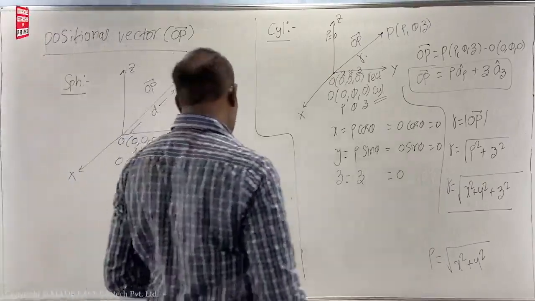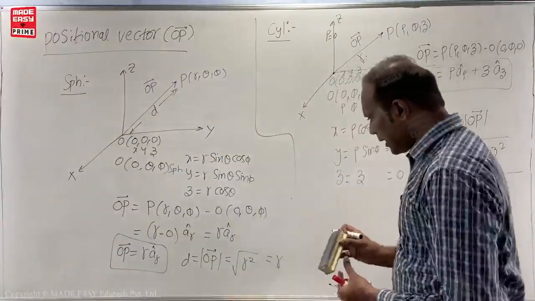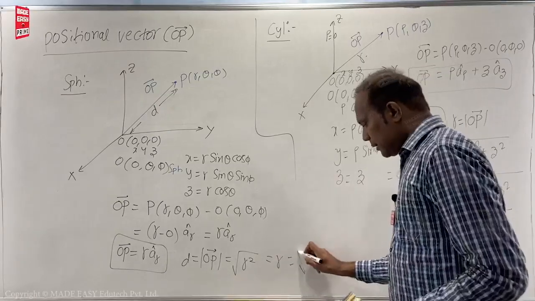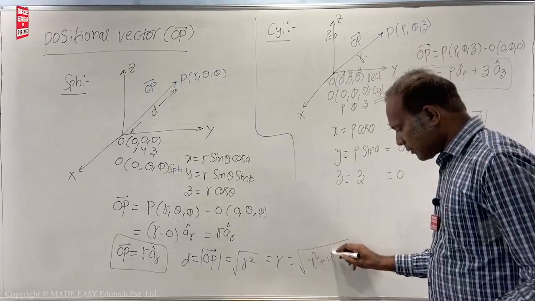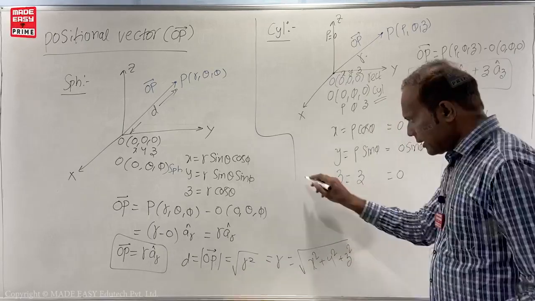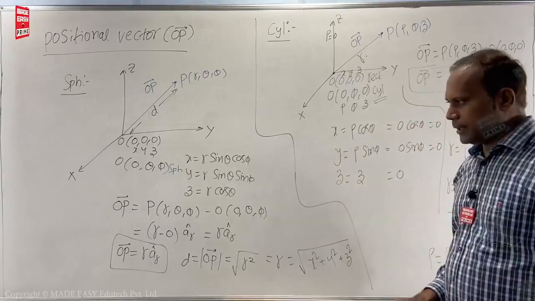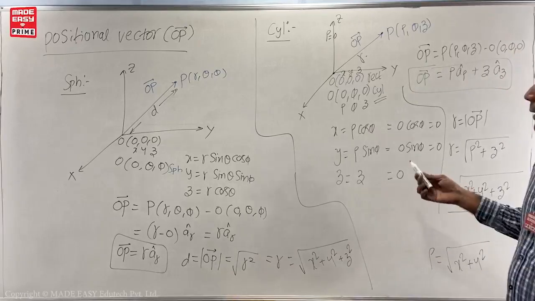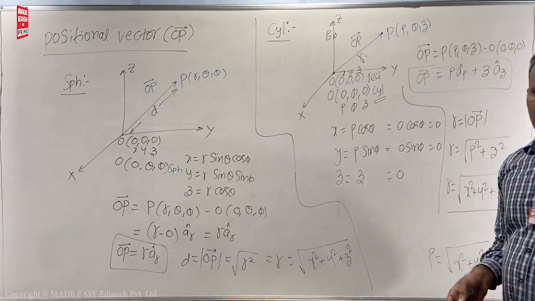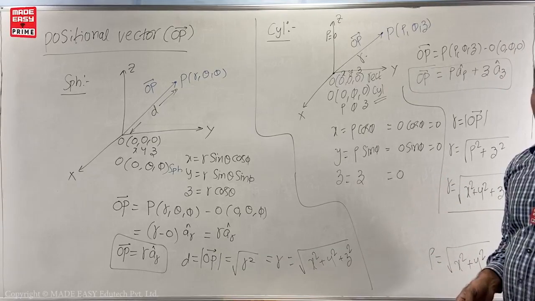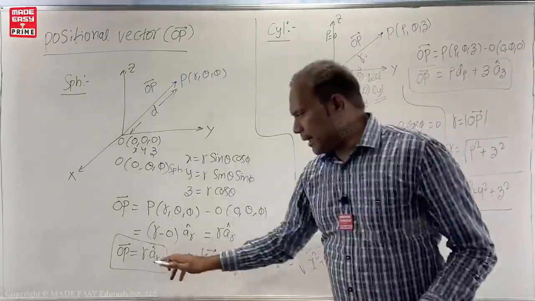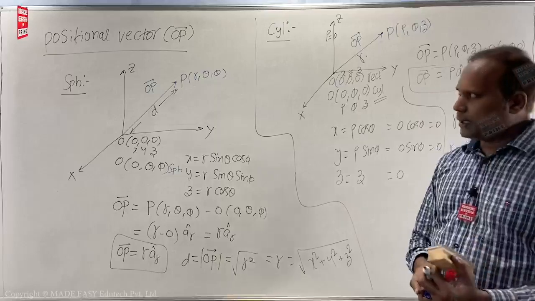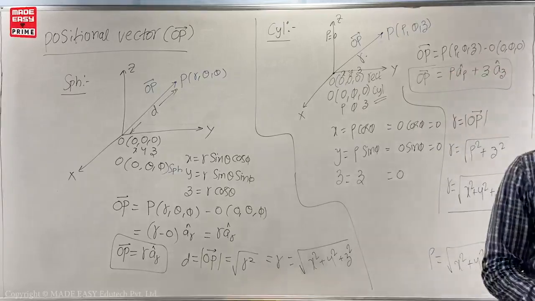Again, already you know that r is nothing but in a rectangular system, in conversions we have seen there is root of x square plus y square plus z square here, students. Okay, so this is the thing. So ultimately here positional vector in rectangular is OP bar is equal to x a x plus y a y plus z a z. Here rho a rho plus z a z. Here r a r you get. So that is all about the positional vector, dear students.